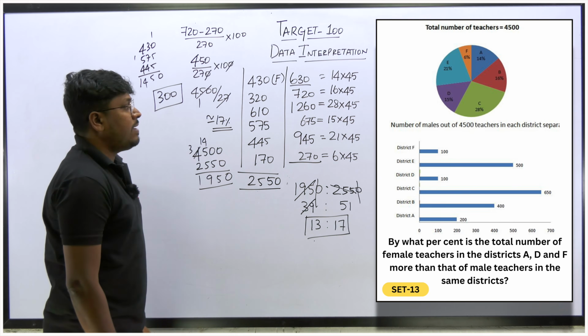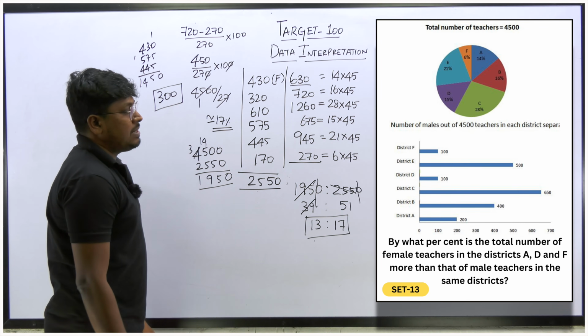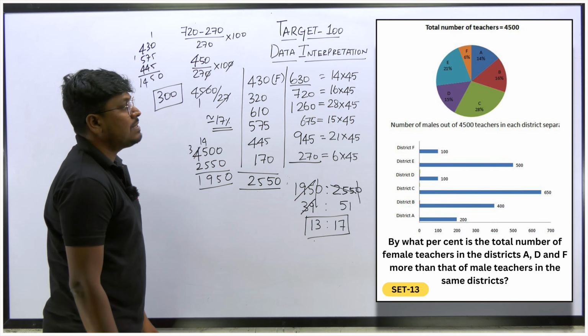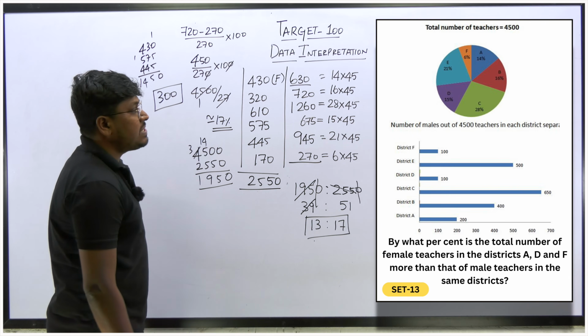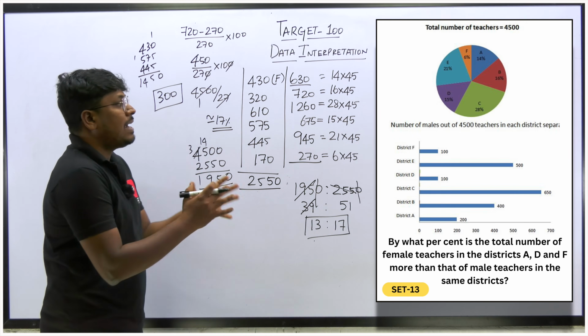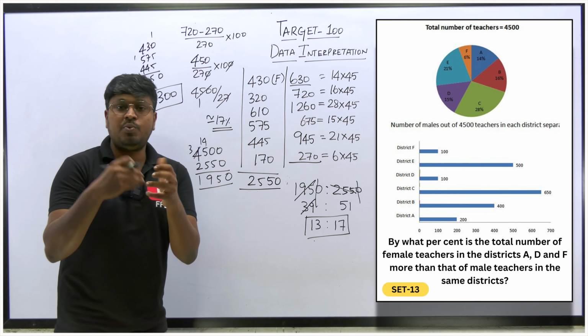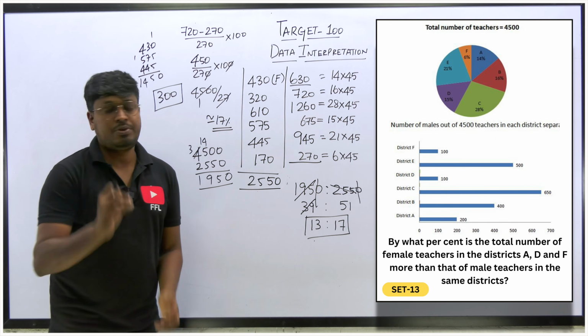So question number 5. By what percentage was the total number of female teachers in district ADF more than that of male teachers in the same district? Just see here again, what percentage more? The numerator value should be positive.